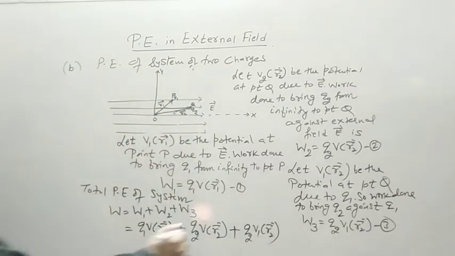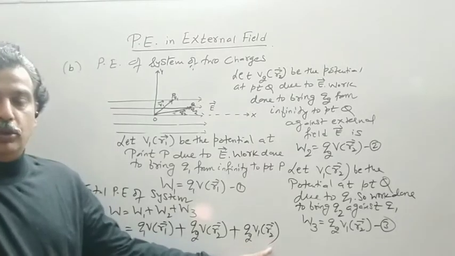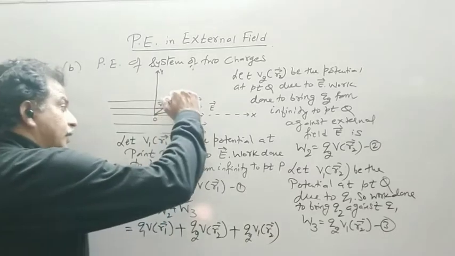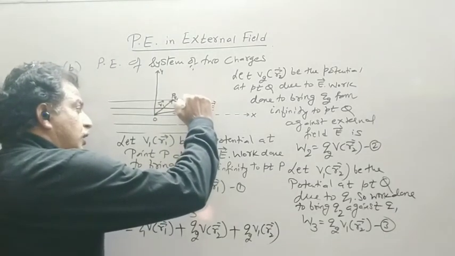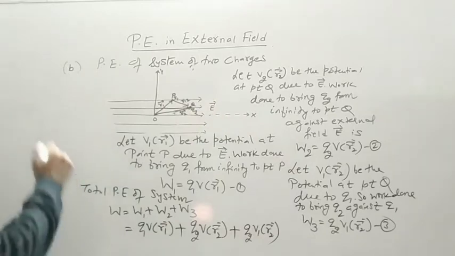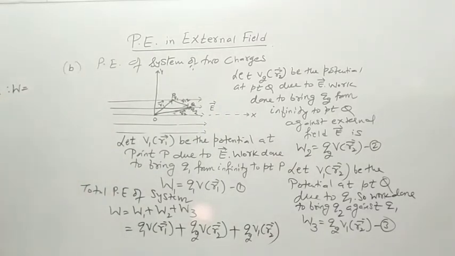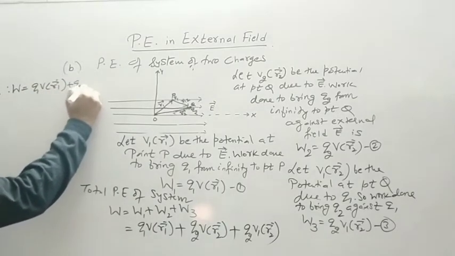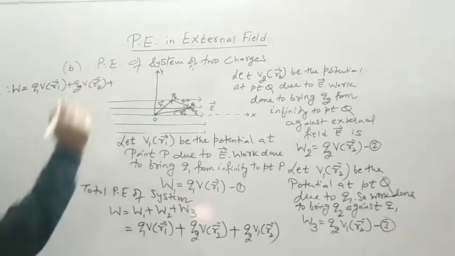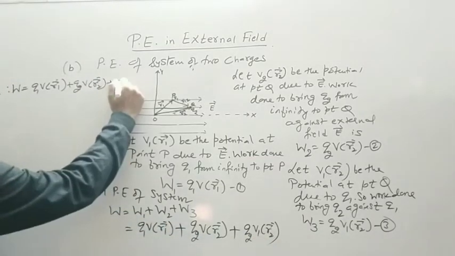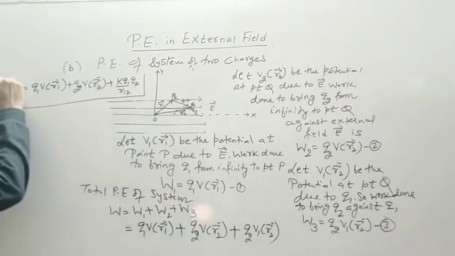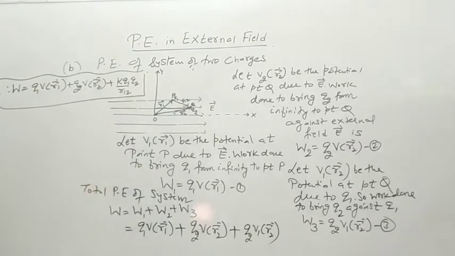Now this V1(R2) is written as kQ1 upon the distance between test and source, and that distance we have written r12, and therefore the total work done is equal to Q1 V(R1) plus Q2 V(R2) plus kQ1 upon r12 into Q2. So this is the potential energy of the system of two charges.